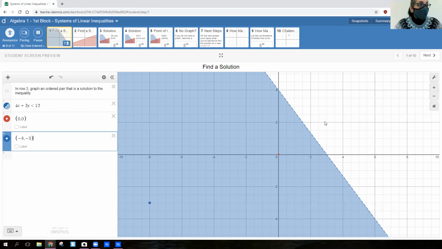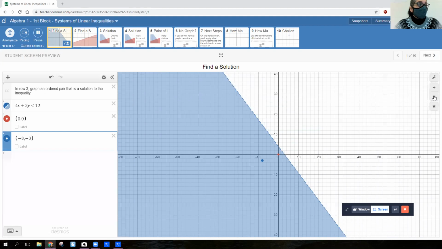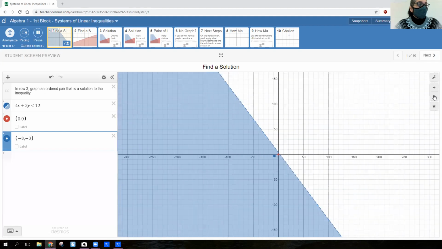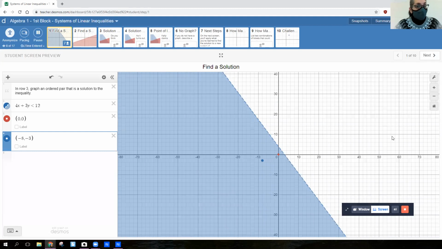And that's not even all of them. Like if you zoom out, there's more and more possibilities. There's like an endless number of possibilities. The only stipulation is that it cannot be in the white part. If you plug points from the white part into the equation, it won't work.